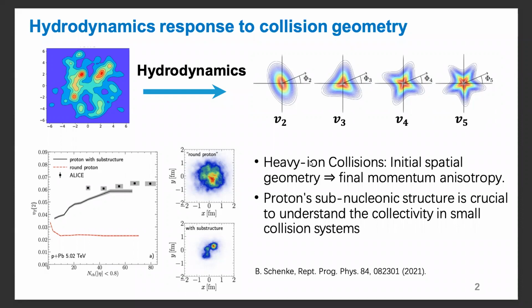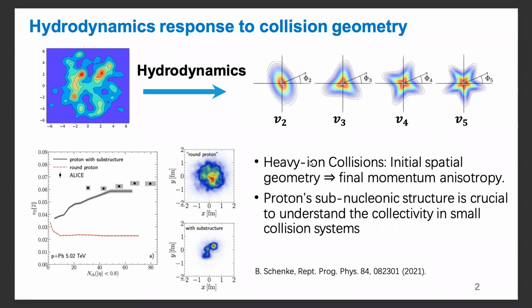This plot shows the collectivity in small systems. Recently, in small systems such as proton-lead and deuteron-gold, people also observe non-trivial collective features similar to heavy-ion collisions. This is the ALICE measurement of V2 in proton-lead collisions as a function of multiplicity, and there are two lines from hydrodynamic simulations. The black line assumes the proton has substructure fluctuations, and the red line assumes a round proton without geometry fluctuations.